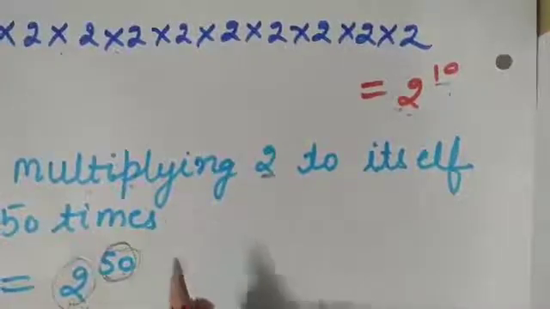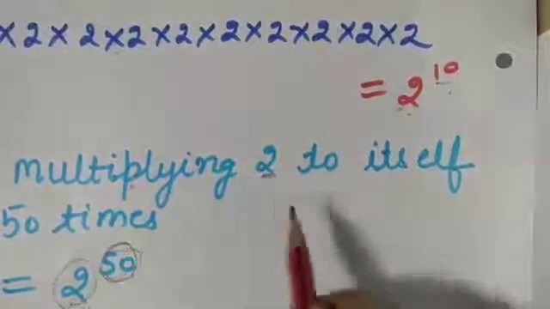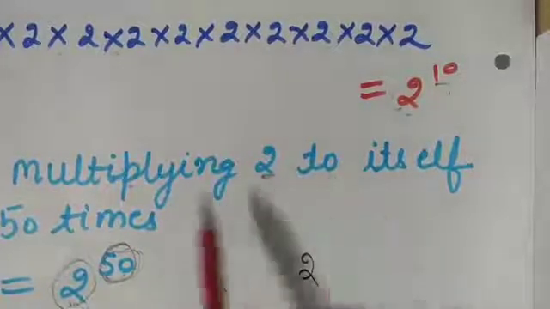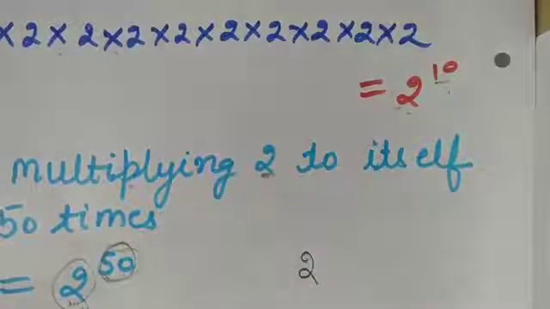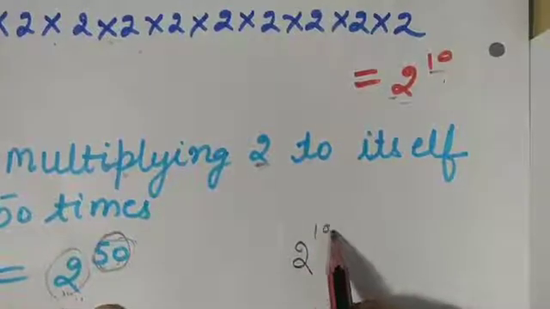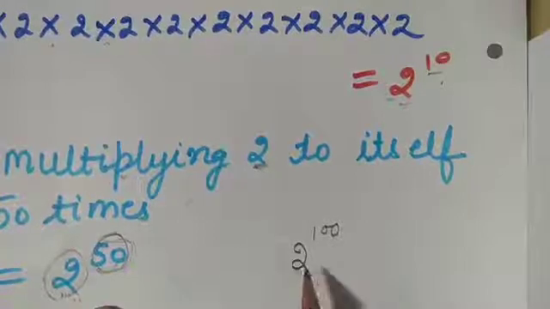How will you write this? You are multiplying 2 to itself, so 2 must be written first, and this can be written as 2, and 100 in the superscript of 2.